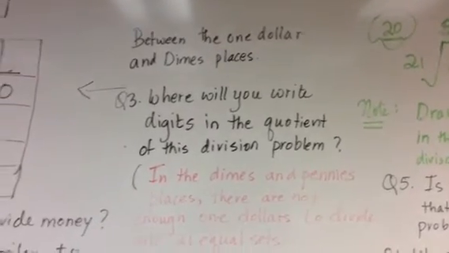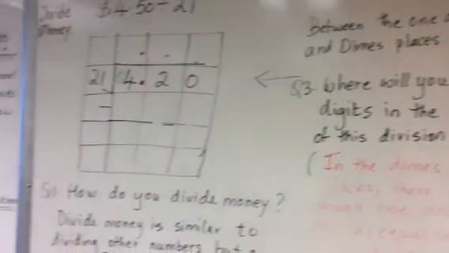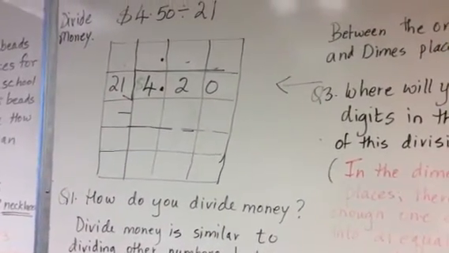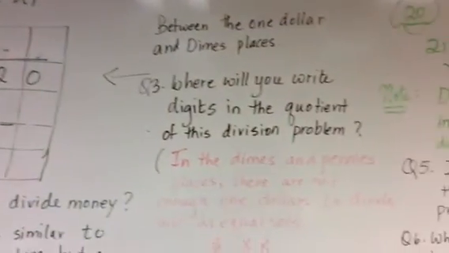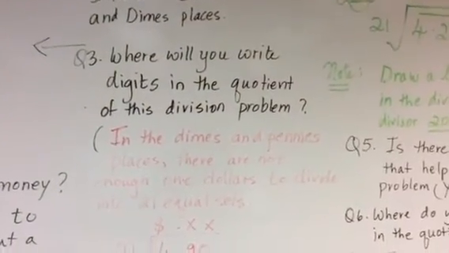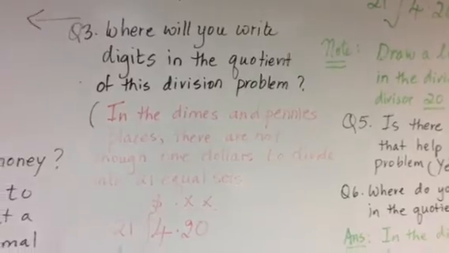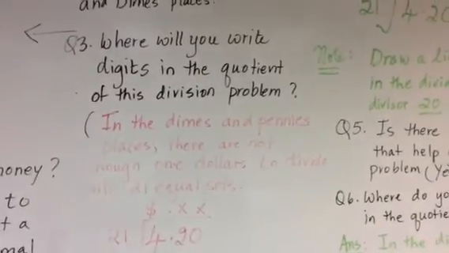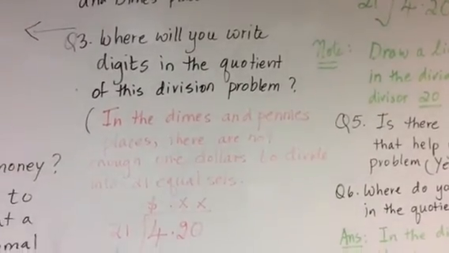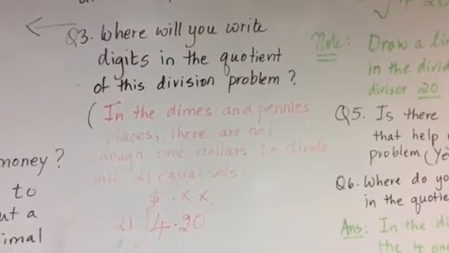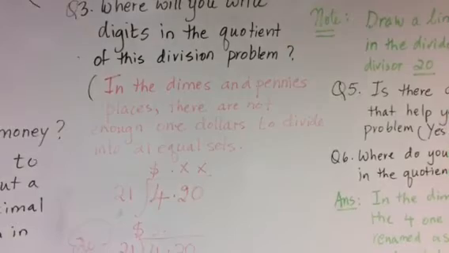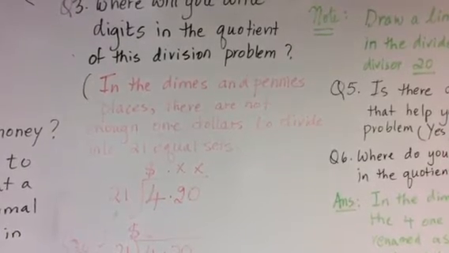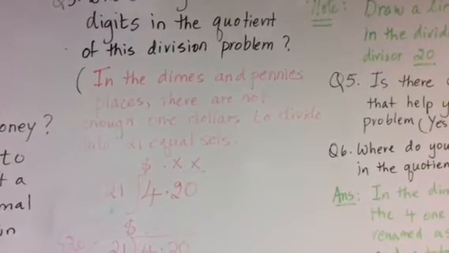So where will you write the digits in the quotient? Look at it: between the dollar and the dimes place. Where will you write digits in the quotient of this division problem? In the dimes and the pennies place. There are not enough $1 to divide into 21 equal sets.